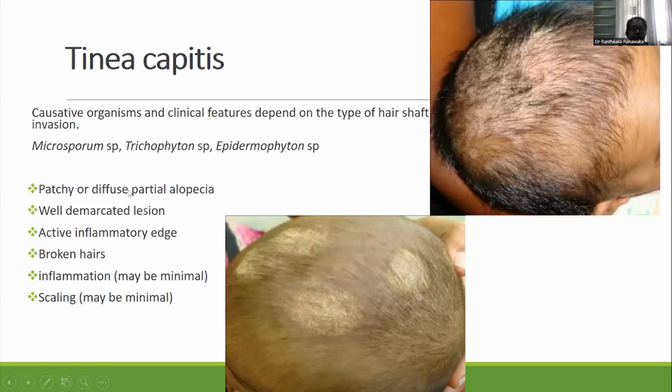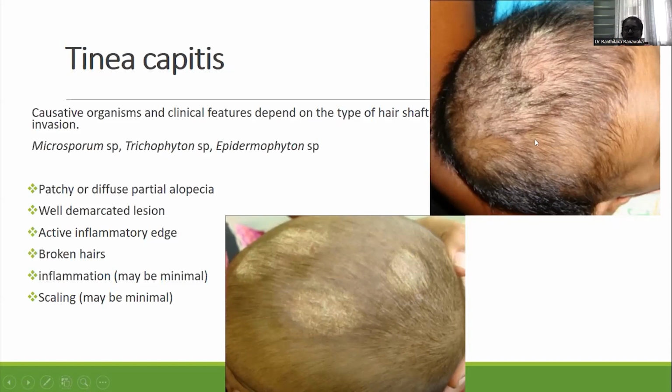Clinically, you can see either patchy hair loss. This child has patchy hair loss, right? Or it could be diffuse hair loss. So usually parents complain that there's hair loss on this area. That is their complaint. But when you look carefully, you can see those are well demarcated lesions.